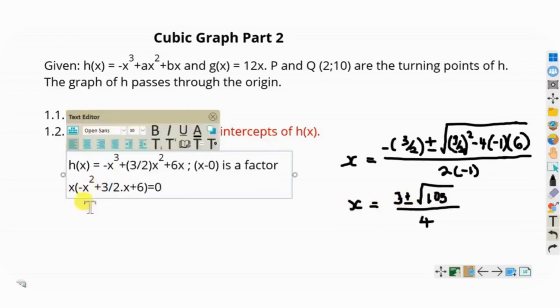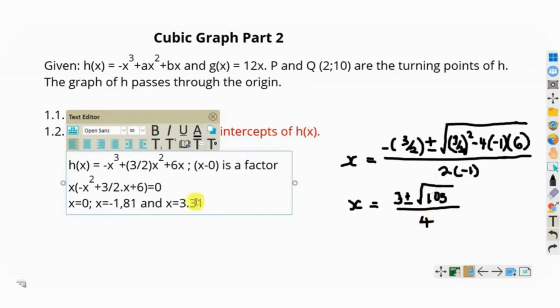When I simplify this further to get the factors, from the quadratic equation here, x equals negative 1.81 and x equals 3.31.